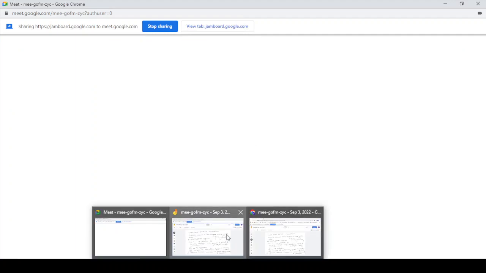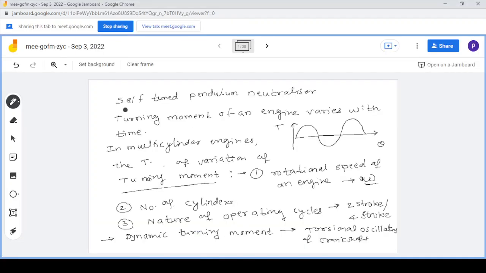Okay, so the first discussion was related to the turning moment of an engine, and we discussed that the turning moment of an engine varies like this with the time period. Now, what happens in a multi-cylinder engine? The variation of turning moment depends upon three factors.